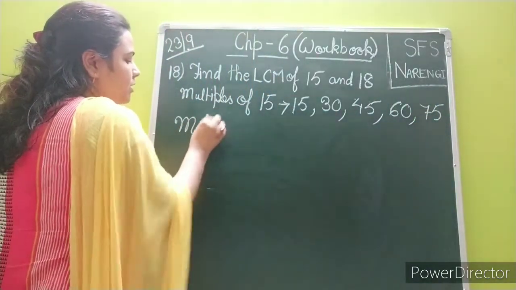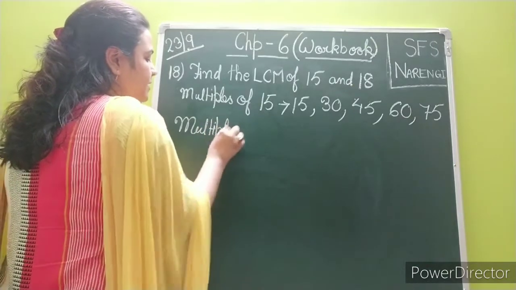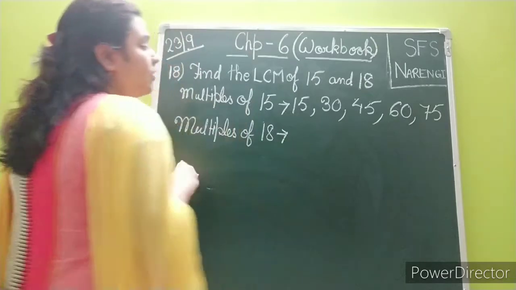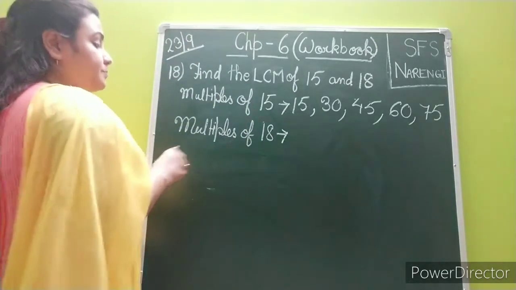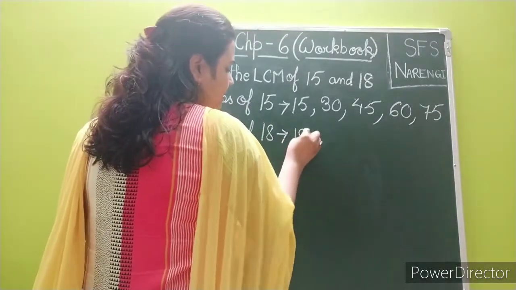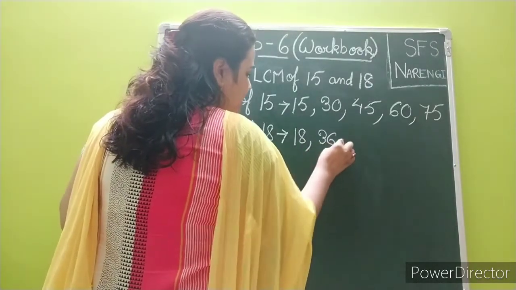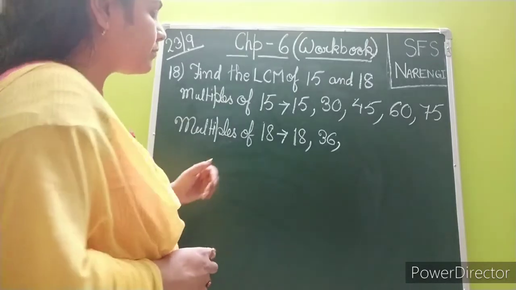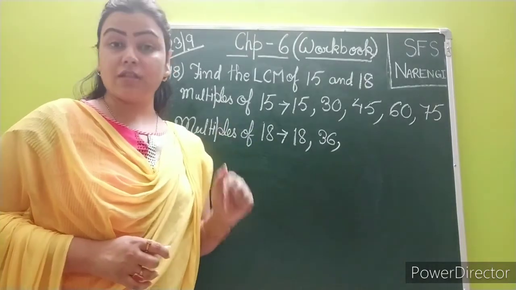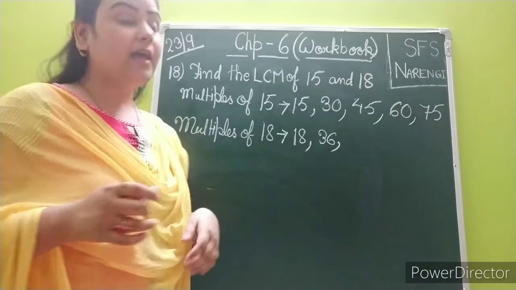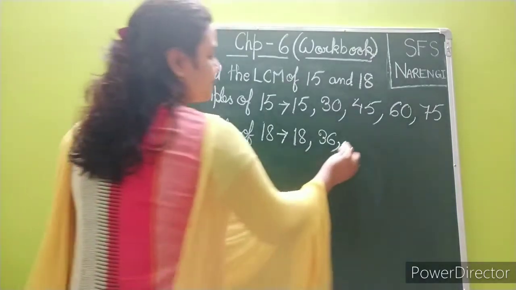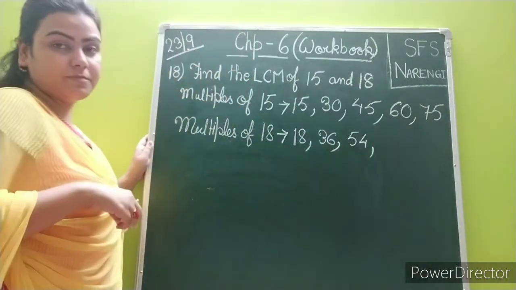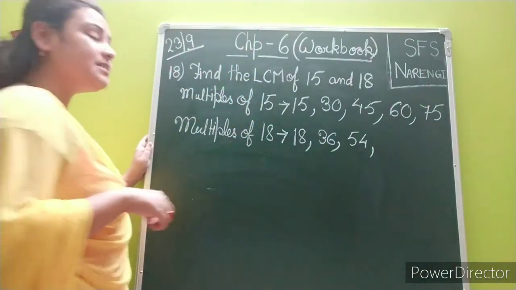Then we come to the multiples of 18. 18 1 18, 18 2 36, 18 3 how much? 18 3 is 54. Now 18 4 how much? 18 4 is 72.